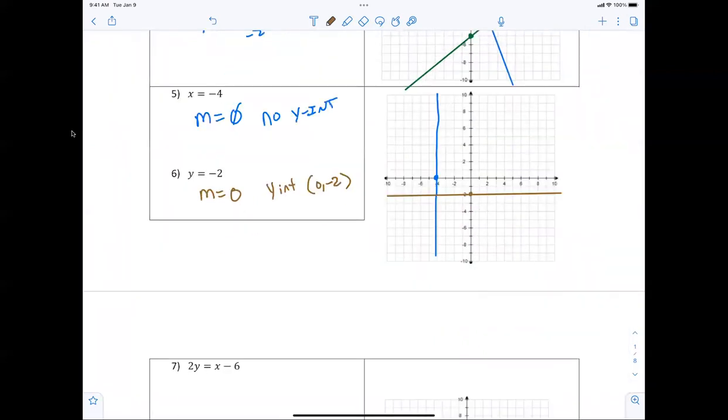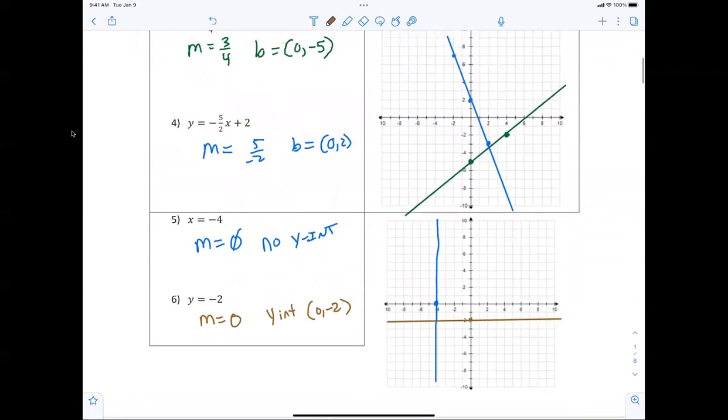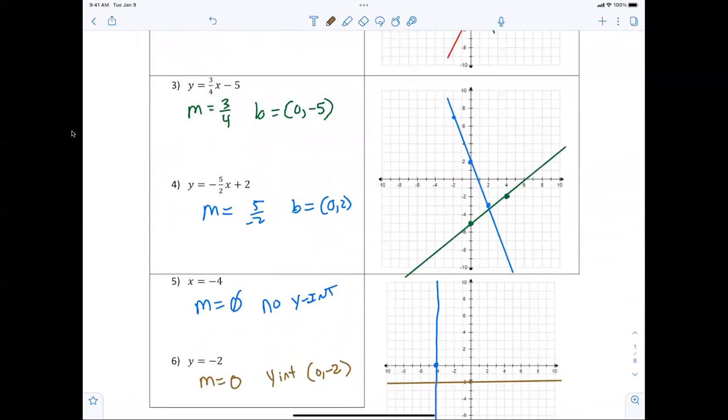Now take out your handy dandy calculator real quick. Just for practice, let's go. We got a lot of work to do, so let's get to work. I want everybody to type in on their calculator 3 and 4, graphs 3 and 4, and see if we're about correct.